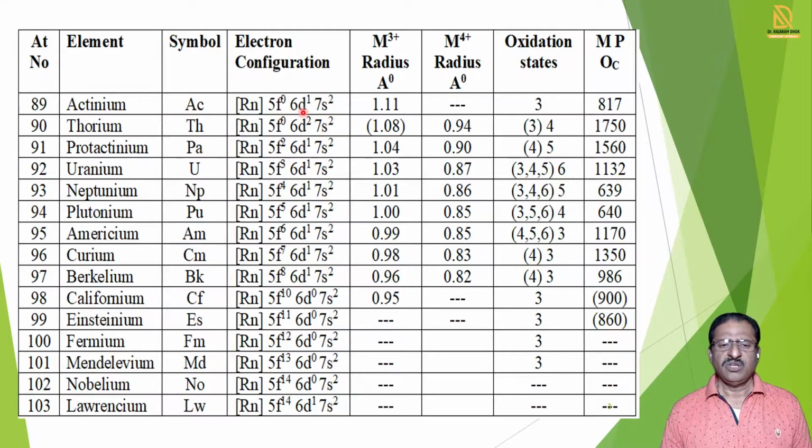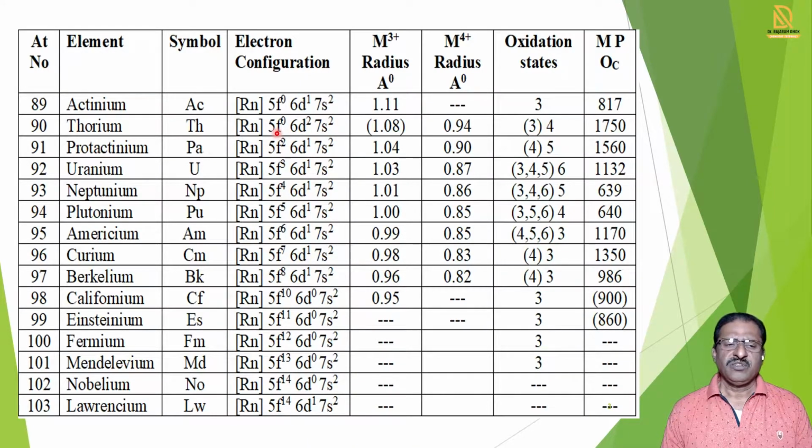So the electronic configuration is not fixed, it can change. There is uncertainty in the electronic configuration. If you write the electronic configuration of thorium, it is 5f0 6d2 7s2.